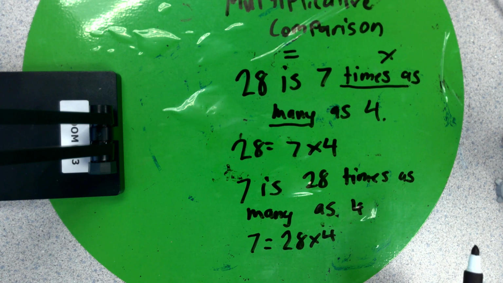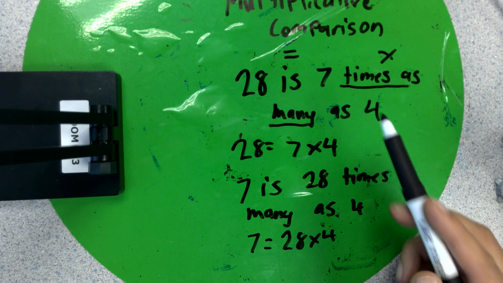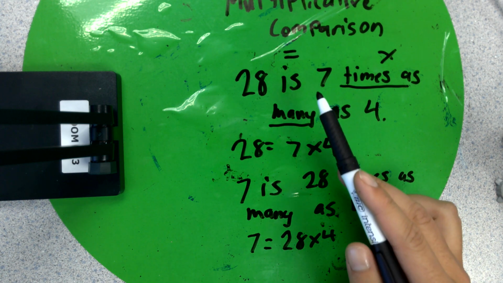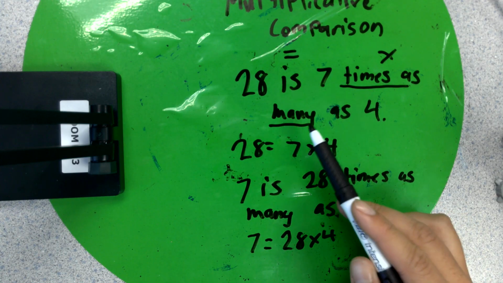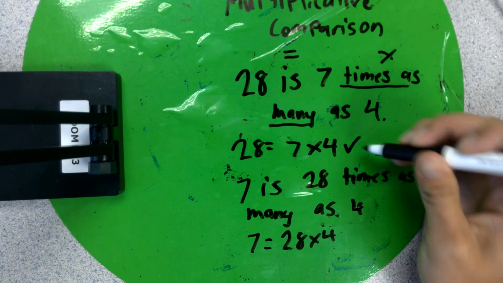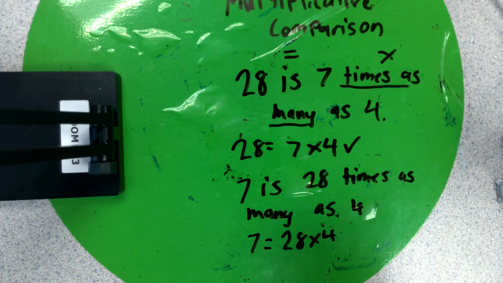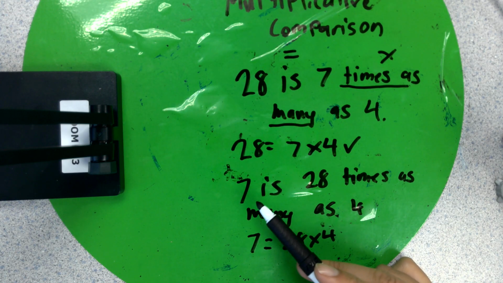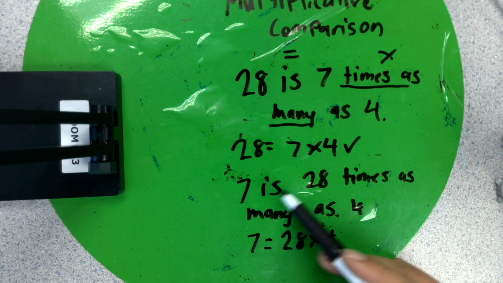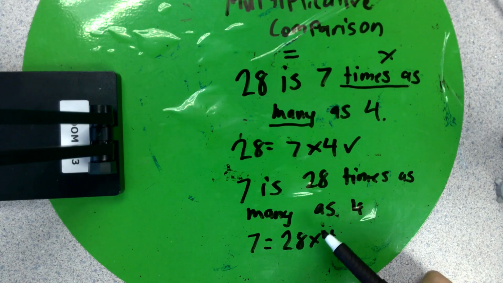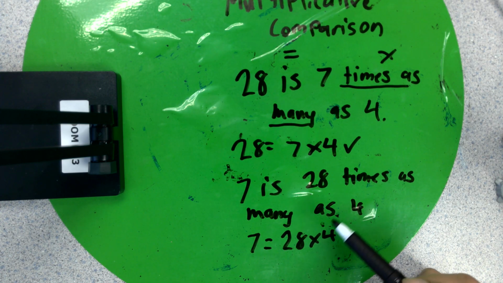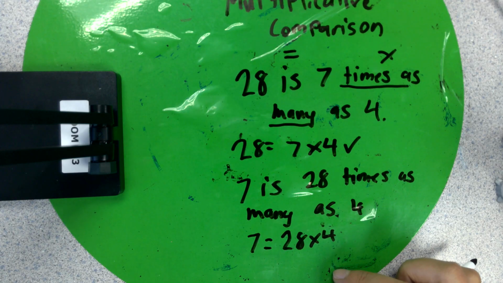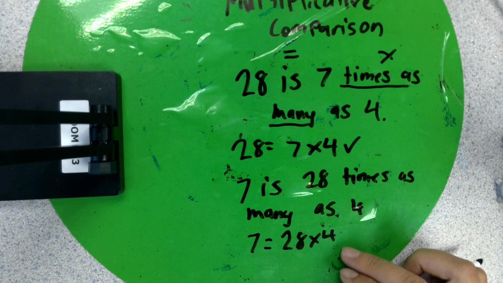So we have to be careful when we write our statements as an equation, because 28 is 7 times as many as 4. This is the correct way, because 28 equals 7 times 4. But a common mistake in our classroom is at times we might say something like 7 is 28 times as many as 4, and when we write it like that, oopsie, 7 equals 28 times 4, and we know that's not true, because we've been pretty good with our multiplication facts.